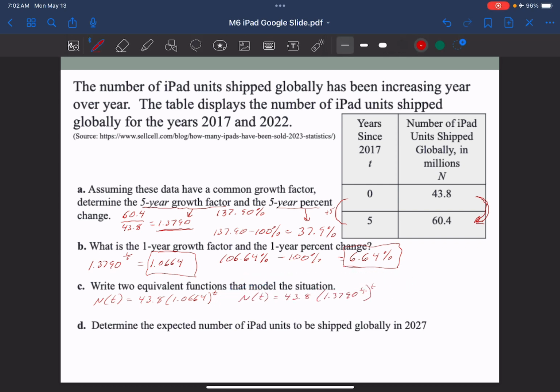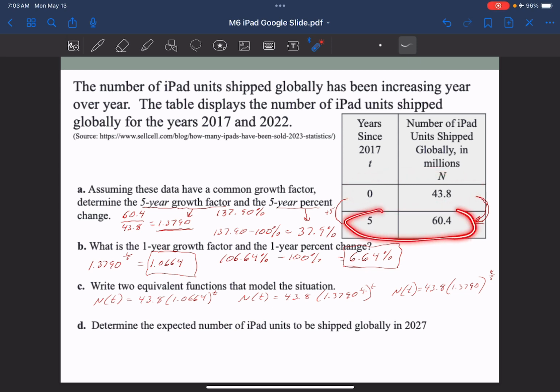And the way we would more commonly see that written is n of t is equal to 43.8 times 1.3790 raised to the t over 5 power. Because rules of exponents say we combine these exponents in this fashion. Okay, so those are the different ways we can write this function using this reference point.